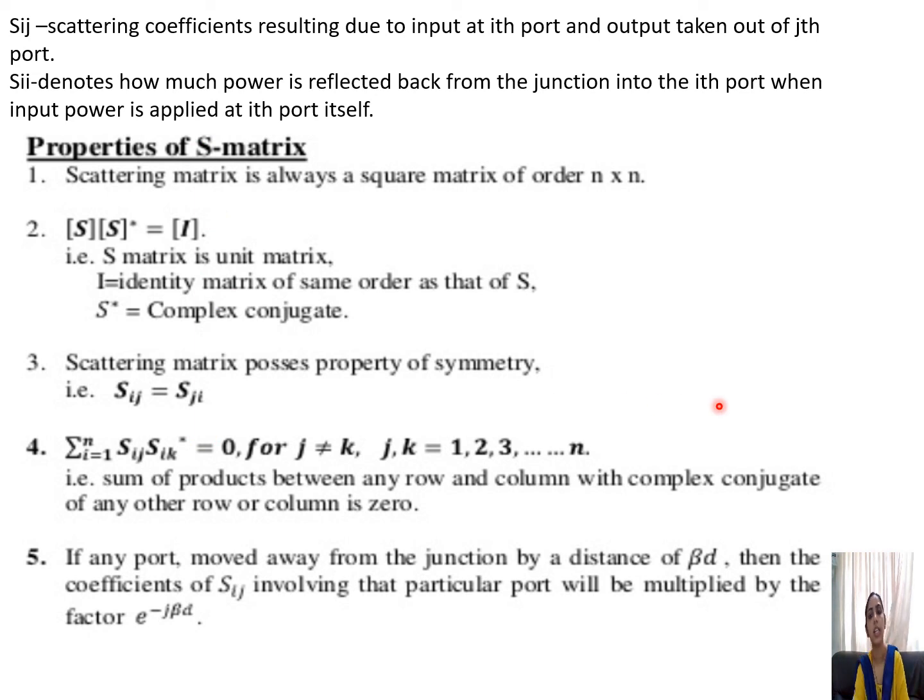Now in this particular section we have seen the concept of a microwave hybrid circuit, some examples of microwave hybrid circuits, and a new method of characterization, that is the S matrix, by which we could represent our microwave network device, and we have also seen some properties of the S matrix. In the next section we are going to learn about each of the microwave hybrid components in detail.